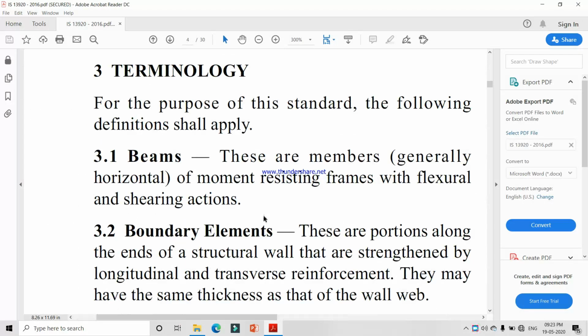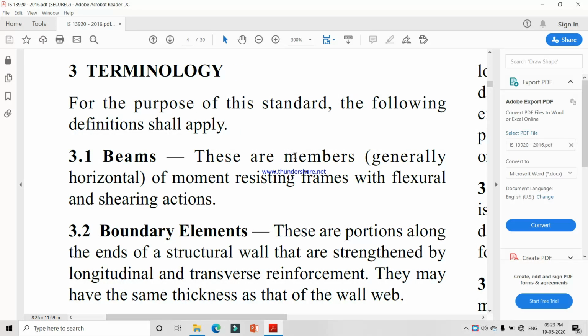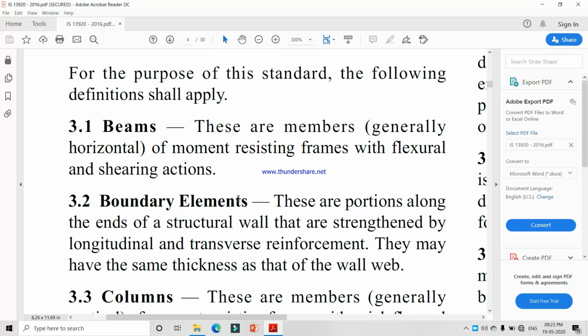These are a few terminologies. This is a beam. A beam is a member of the moment resisting frame which absorbs load and shearing action. These are the boundary elements, the corners of the boundary, strengthened by longitudinal and transverse reinforcement.